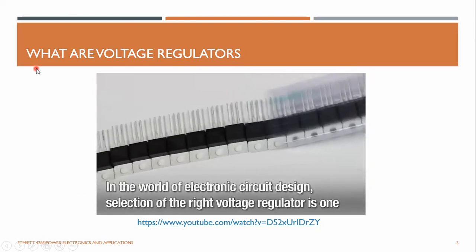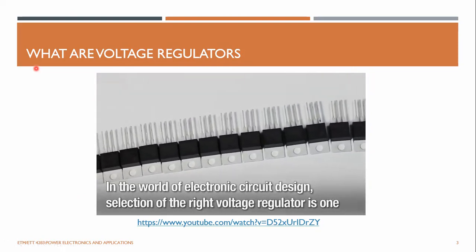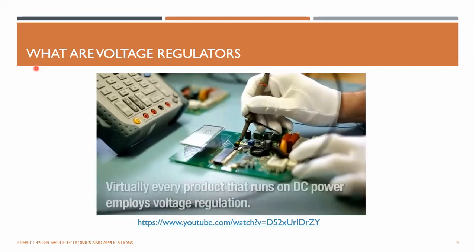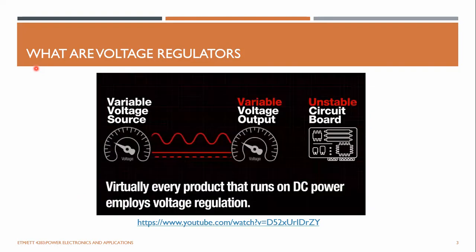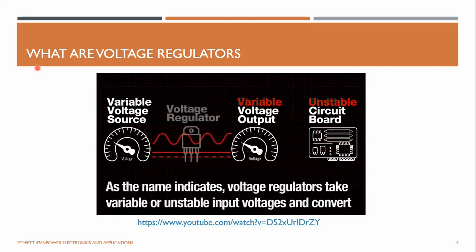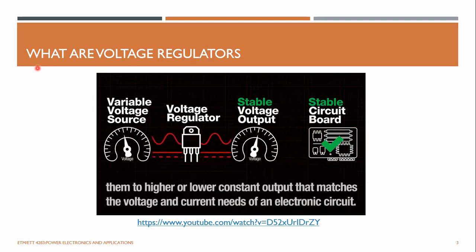In the world of electronic circuit design, selection of the right voltage regulator is one of the most important decisions. Virtually every product that runs on DC power employs voltage regulation. But what exactly does this device do? As the name indicates, voltage regulators take variable or unstable input voltages and convert them to higher or lower constant output that matches the voltage and current needs of an electronic circuit.